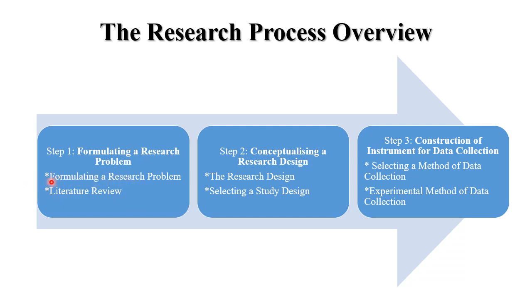And a review is critical because it serves as a guide in the formulation of the research problem. Step 2, conceptualizing a research design, involves the research design and then selecting a study design. Step 3, construction of instruments for data collection, and it's critical to select an appropriate data collection method.